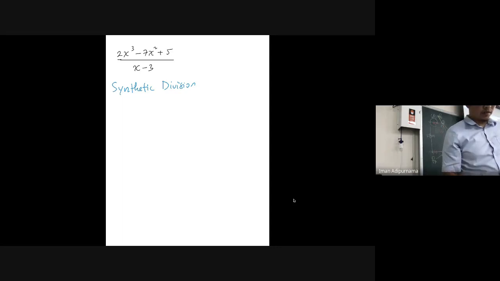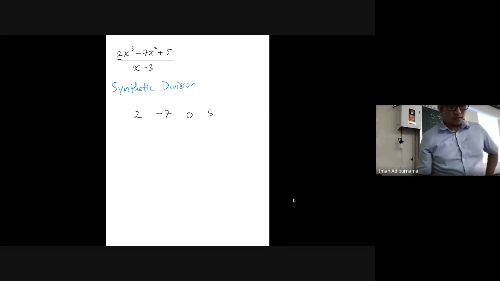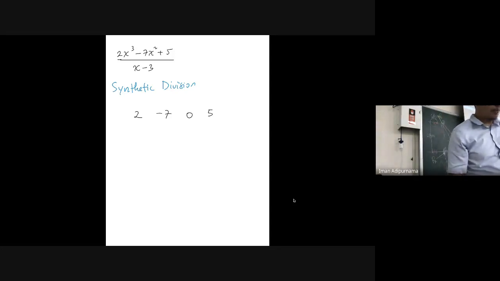The degree you have is cubed here, squared, there is no x, right? So x is 0 and then 5. So you write first 2, negative 7, and no x, so you write 0 and then 5. So you have 4 numbers, divided by x minus 3.